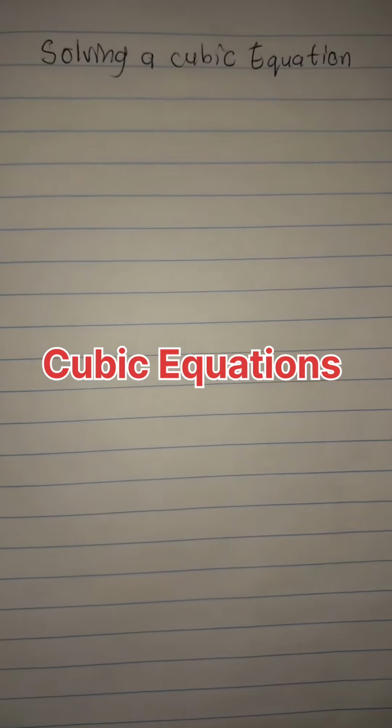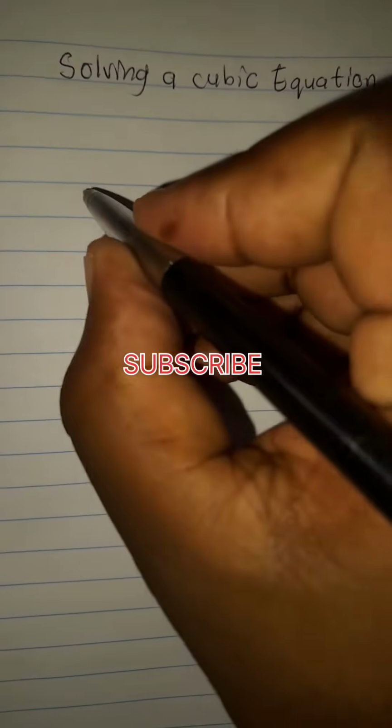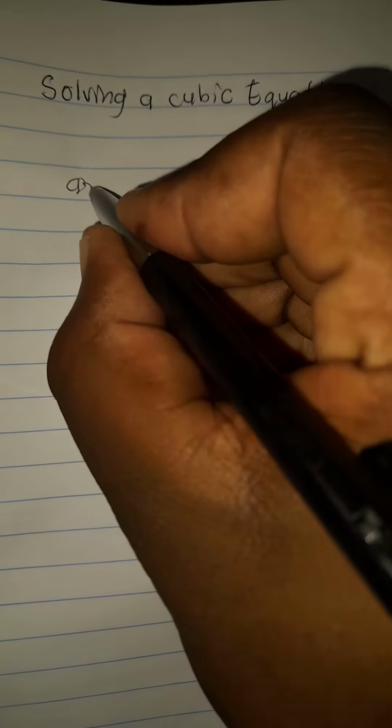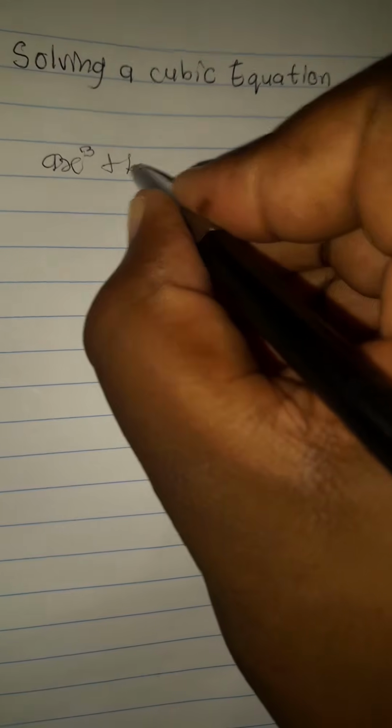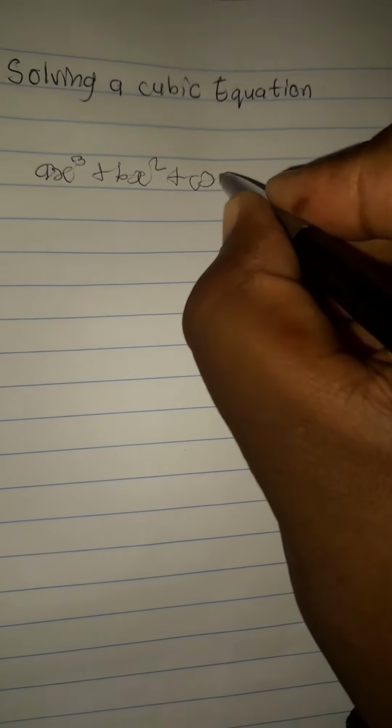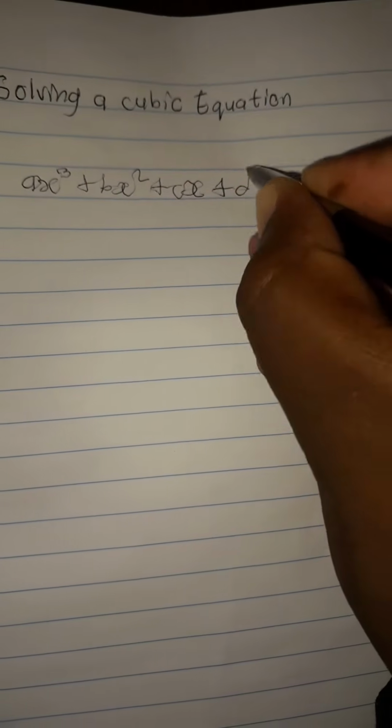Hi guys, in this video we are going to work with solving a cubic equation. A cubic equation is denoted by this standard formula: ax cubed plus bx squared plus cx plus d equated to 0.